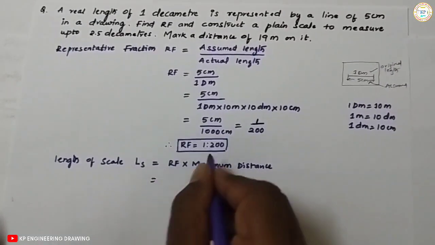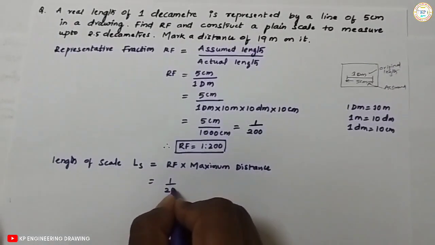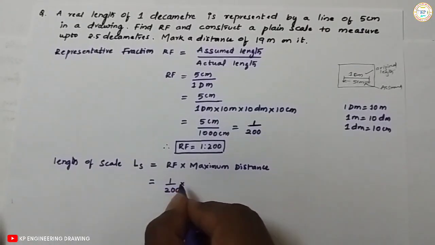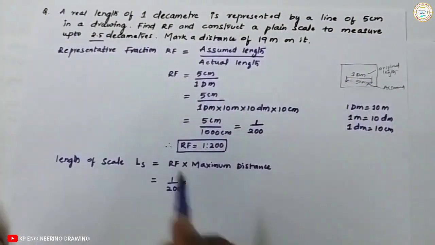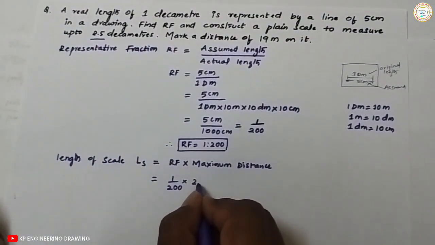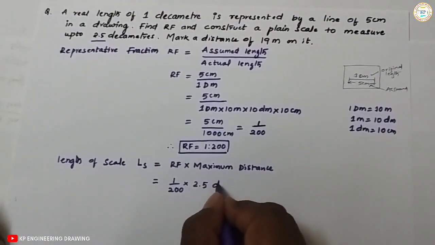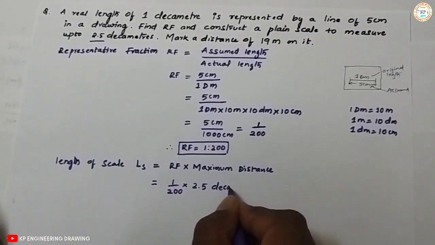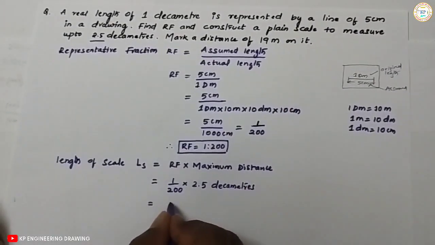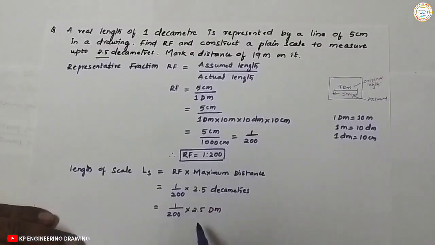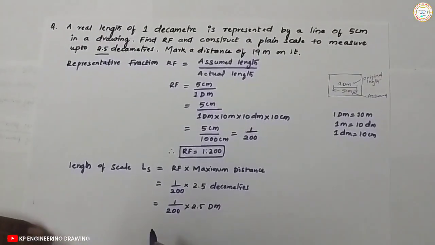Okay, so RF already got 1 by 200 into, what is the maximum distance? Maximum distance is, here it is 2.5 decameters. So we can write this as 1 by 200 into 2.5 decameters.